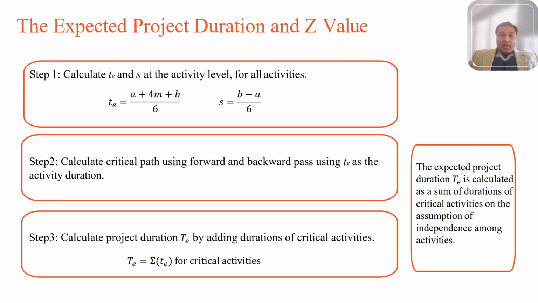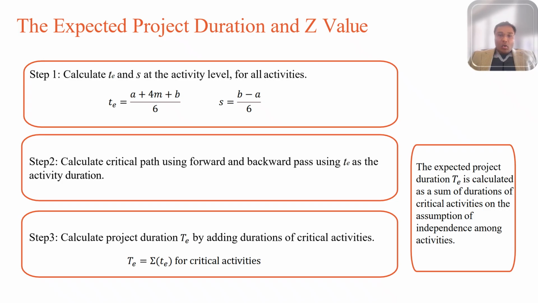Okay, let's now see how to calculate the expected project duration using a 7-step process. To calculate the expected time, TE, for an activity, we use the usual formula from the previous slide. The expected time, small te, equals the optimistic time A, plus 4 times the most likely, plus the pessimistic B, divided by 6.